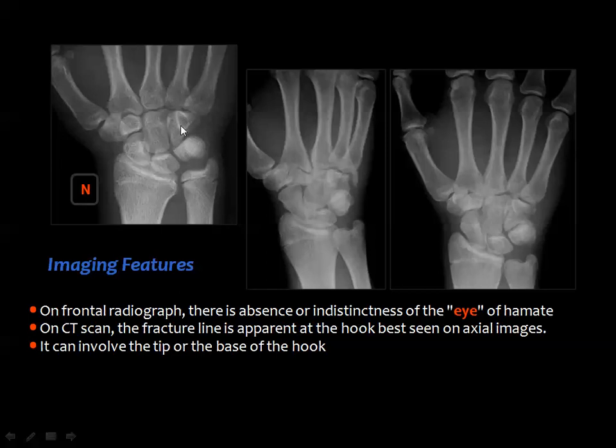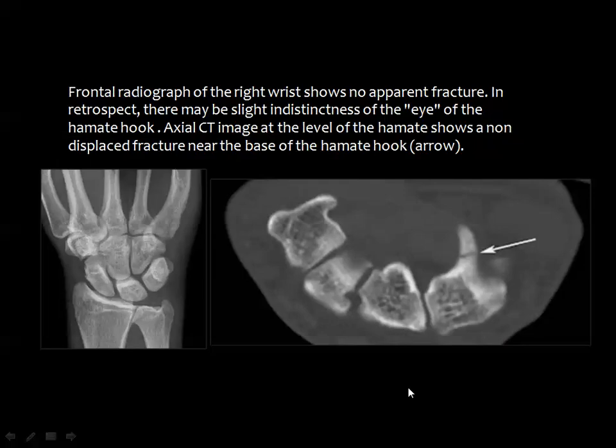It is usually seen in all frontal projections of the normal wrist joints. But whenever the hook of the hamate is fractured, then you get loss of the eye of the hamate. If you look here, you can see the fracture, but the fracture is well appreciated on CT and MRI images.